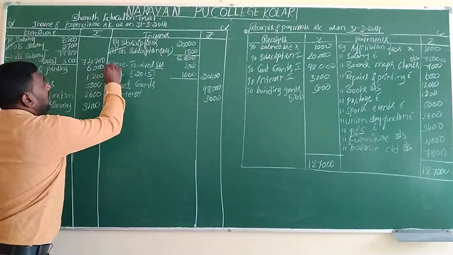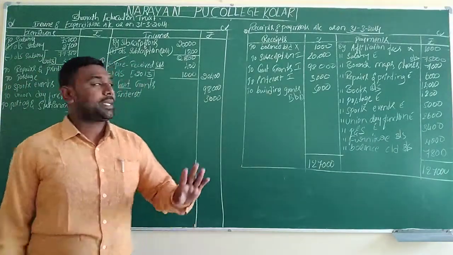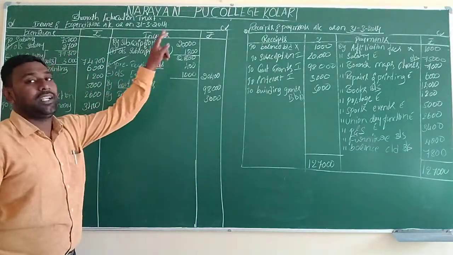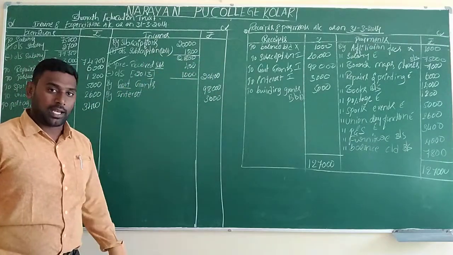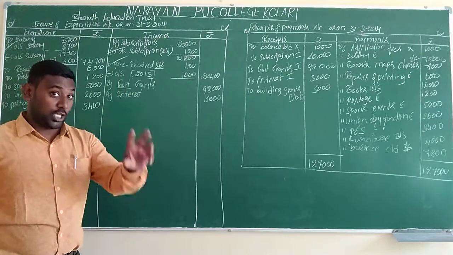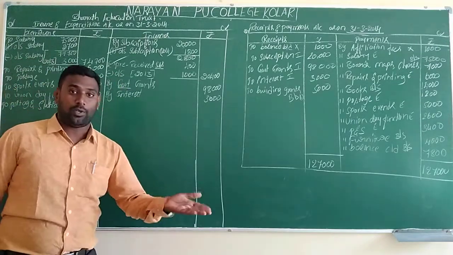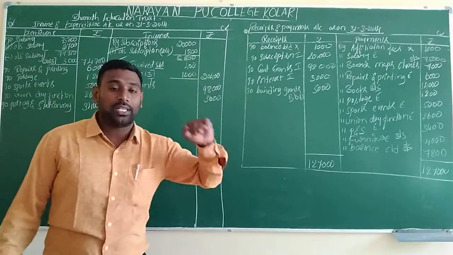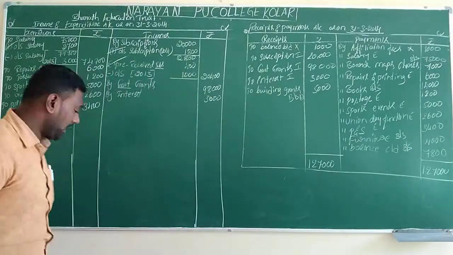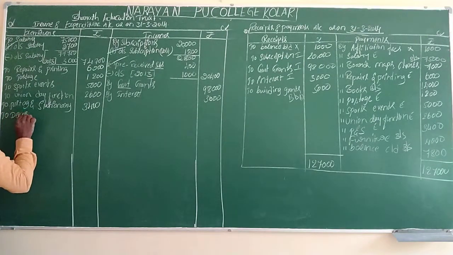Adjustment number 3, pre-received subscription or subscription received in advance, it will be considered as an income minus, later we will write in the balance sheet under liabilities.